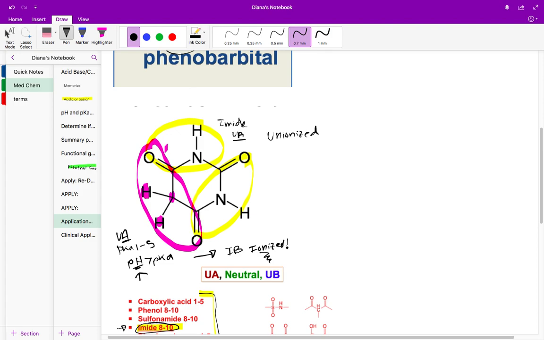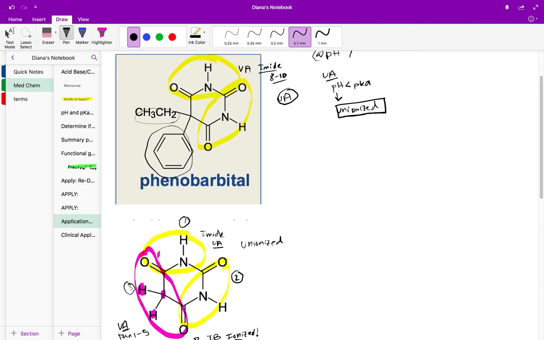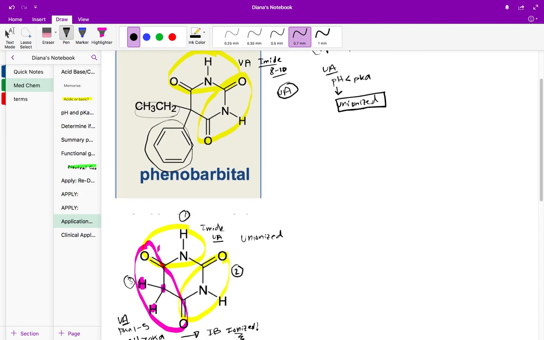So now, looking at this structure, I have a UA, so I have two UAs. Okay, I have a third UA, but these two functional groups are exactly the same, in yellow, and we determined these are primarily unionized. But this more acidic dicarbonyl functional group with pKa 1 to 5 is going to be primarily ionized.